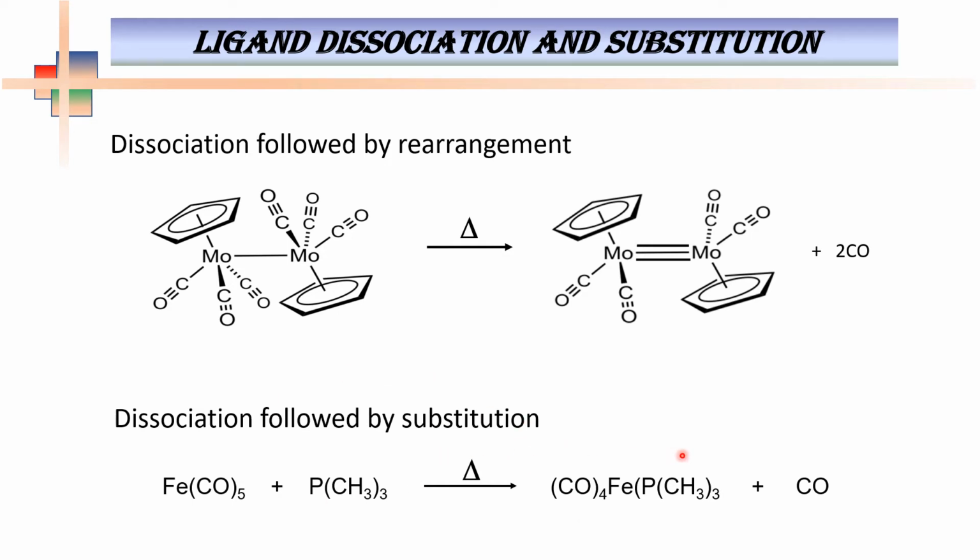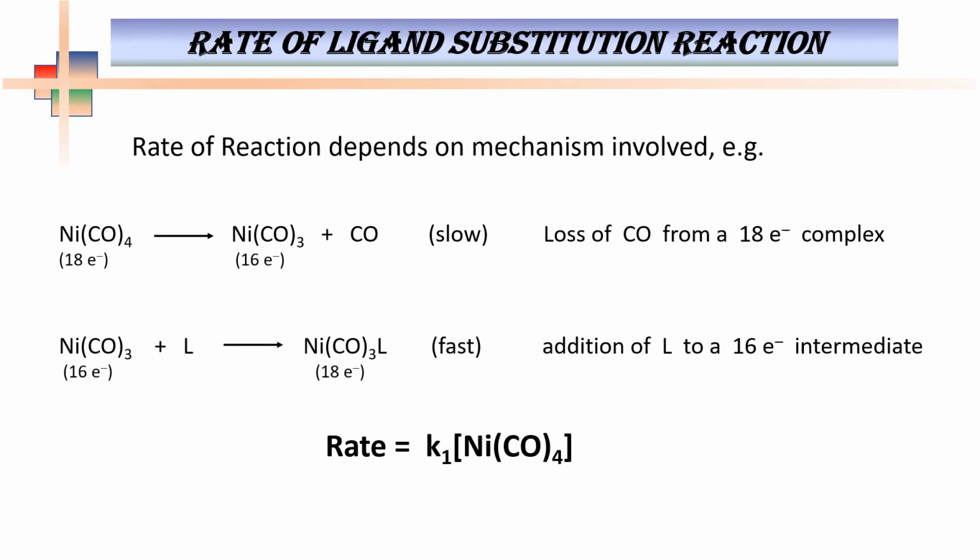Particularly, substitutions are very important in coordination organometallic catalysis reactions. But substitution reactions do not always follow a similar mechanistic pathway. Some dissociation or substitution reactions have a main mechanism that involves dissociation.